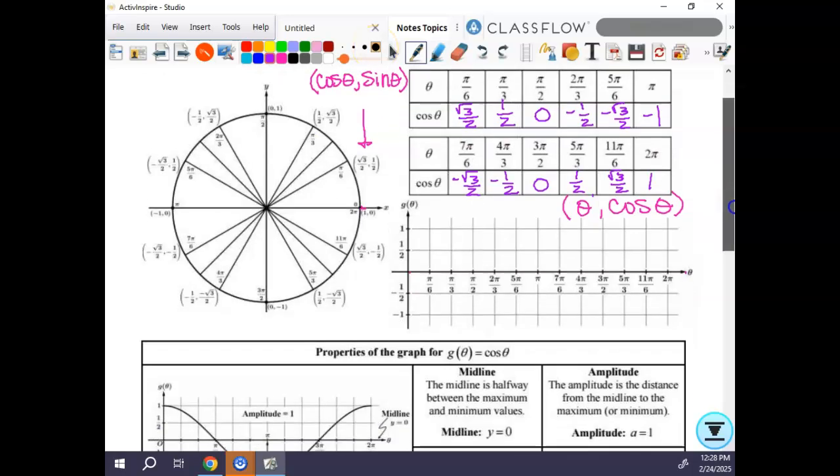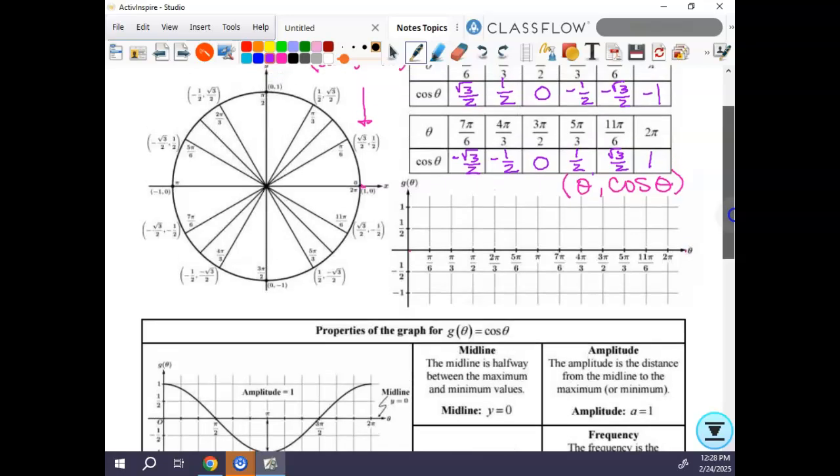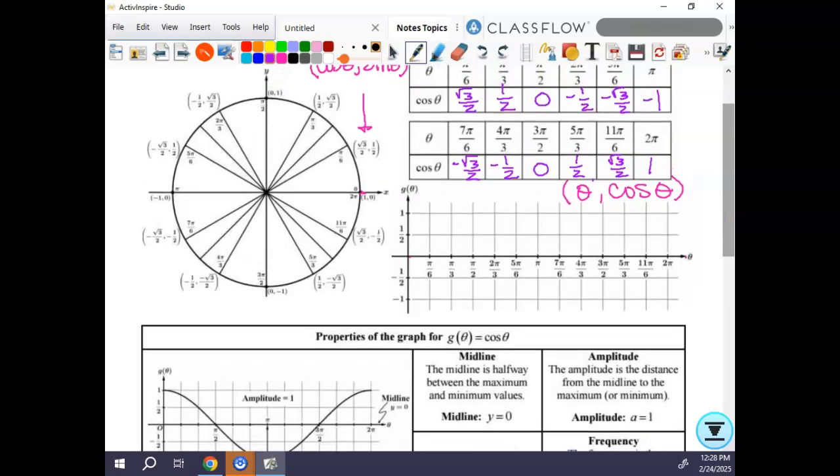All right, so let's graph that. At pi 6, I am at square root of 3 over 2, so that's about 0.866, so I'm about right there. Pi thirds, I'm at 1/2. Pi halves, I'm at 0. That gets me through the first quadrant. Second quadrant, 2 pi thirds, I'm at negative 1/2, negative 0.866, negative 1. 7 pi 6, I'm now in the third quadrant, I'm still negative.